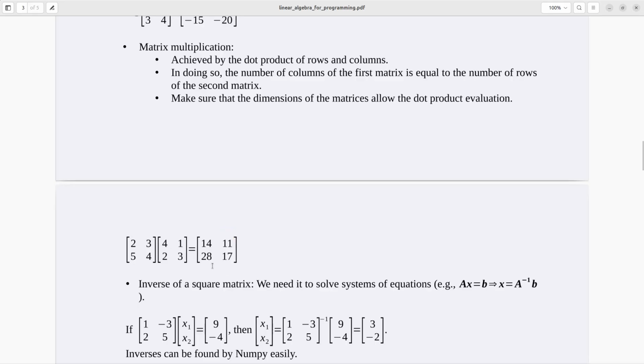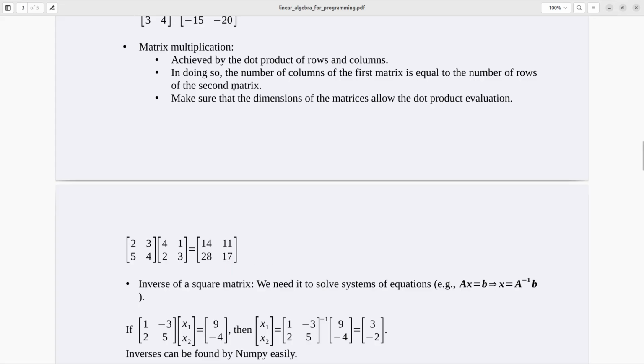And for A21 here, it is obtained by taking the dot product of the second row and the first column. Okay, so I'm able to get 28. Similarly, for number 17, which is A22, I'm able to do the dot product of the second row from the first matrix and the second column from the second matrix. Okay, so I'm able to get 17 in this way.